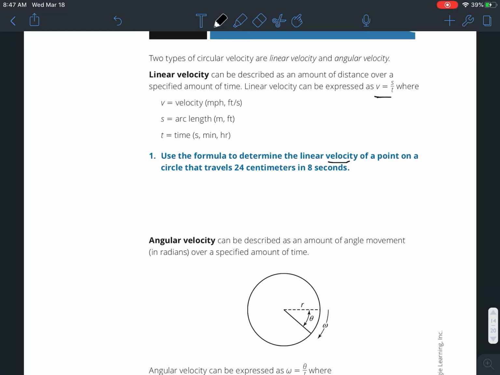Okay, so we're going to use this formula right here. So v is going to stay the same. Time is 8 seconds, so we know that's going to be at the bottom, over, and then they're asking how far we're traveling, so the arc length, feet, whatever, is 24. So I'm going to write 24 cm and 8 sec for seconds.